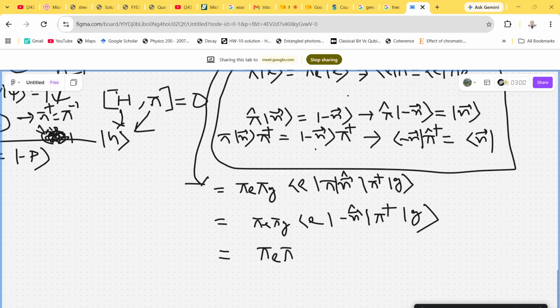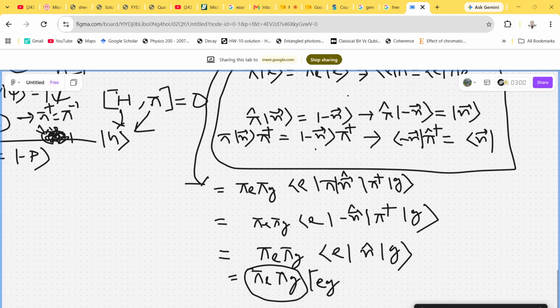So pi E pi G E R cap G. Is it okay? So the transition probability will depend on this pi E and pi G, the parity of the two states. Okay, that's what I am telling.